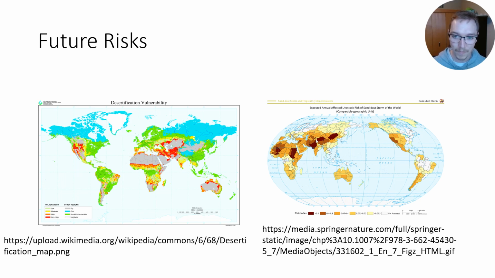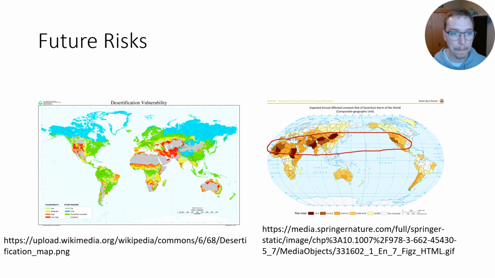Here we're looking at areas where dust storms can be particularly damaging from an economic perspective. Notice that band between about 25 and 35 degrees north and south latitude.